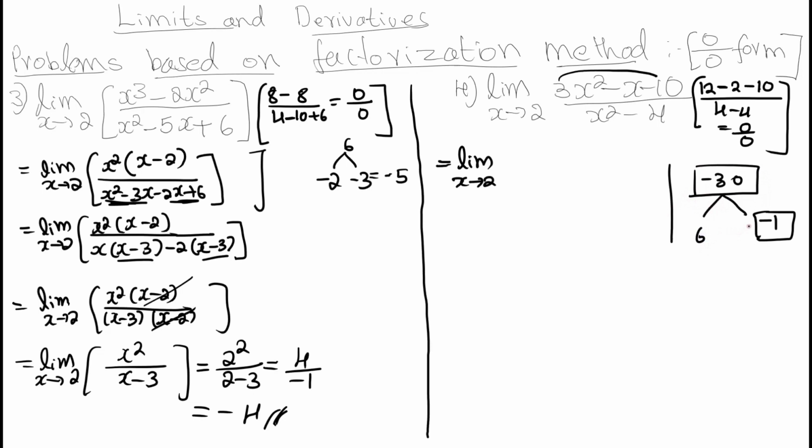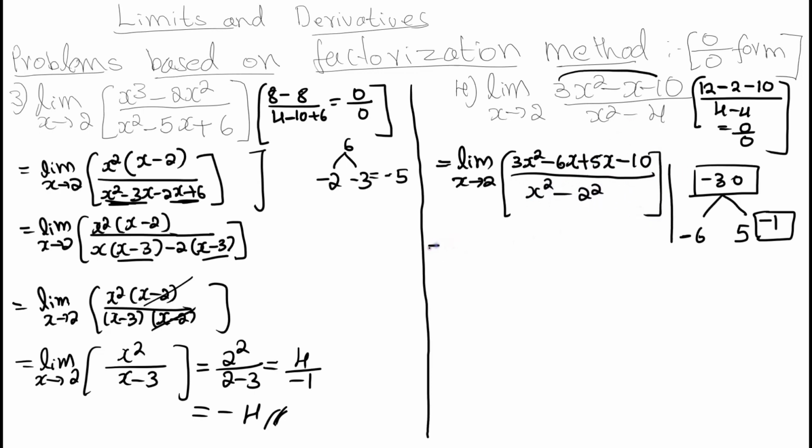We can take 6 and 5. 6 into 5 is 30, but it's not minus 30, so I'll take minus 6, because minus 6 into 5 is equal to minus 30, and if you add minus 6 plus 5, we'll get minus 1. So I can factorize it as 3x square minus x can be written as minus 6x plus 5x, and minus 10, divided by x square minus 4, which can be written as x square minus 2 square.